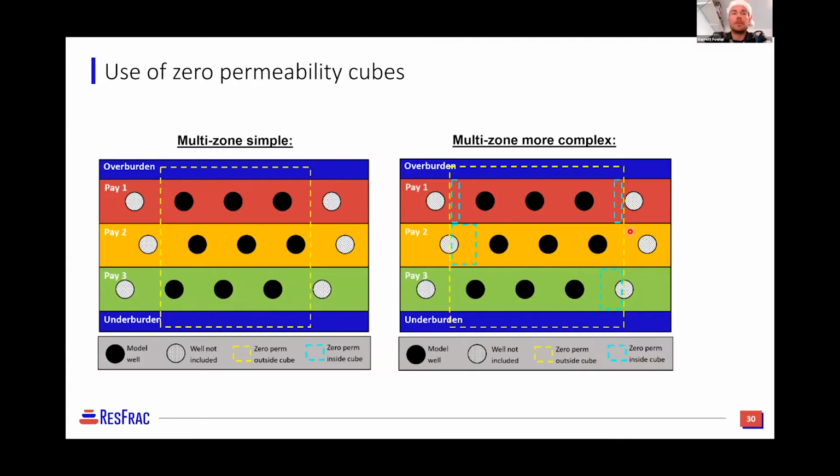So then we can step up the complexity. In the Permian or other areas, you might have multiple benches with multiple wells and be thinking about how to set up a well spacing sensitivity. Well, the simple and approximated way to apply this zero permeability region would be to take those 3 center wells in each zone and draw that cube approximately around those.